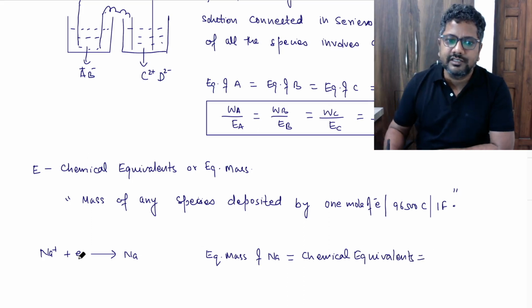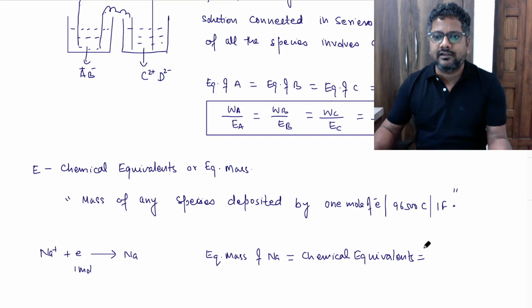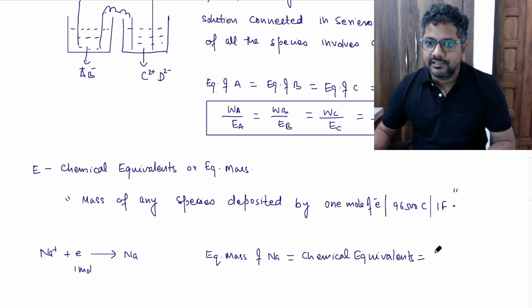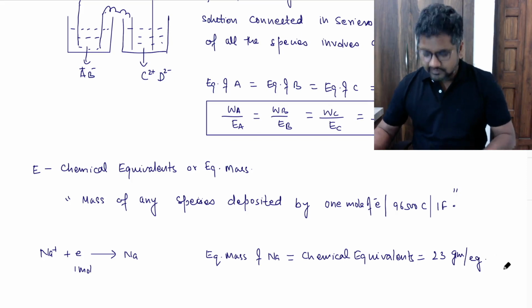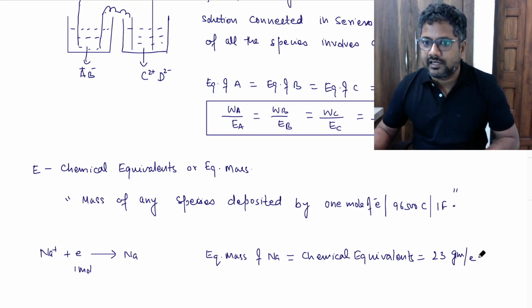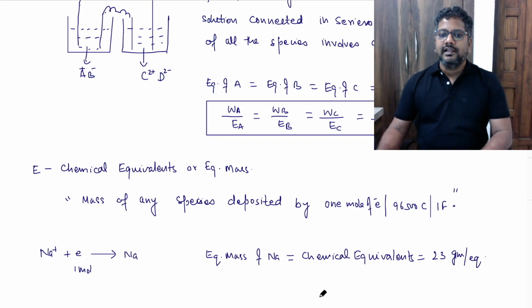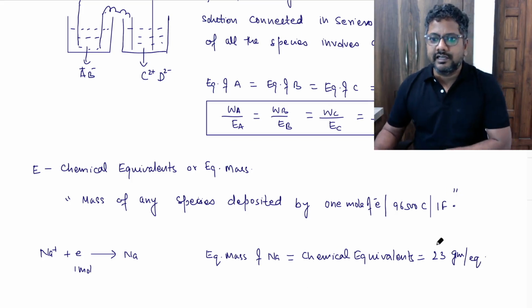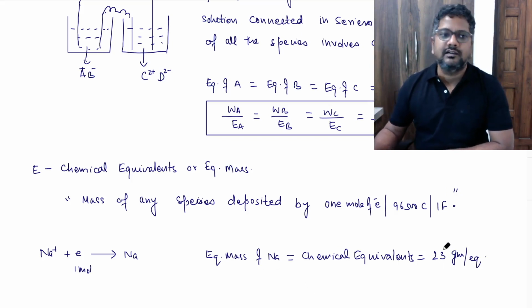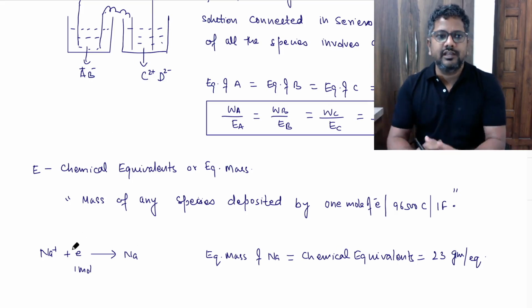See, this is 1 mole of electrons and this is 1 mole, so 1 mole of sodium is deposited by 1 mole of electrons. So this is equal to 23 grams per equivalent. This is the unit of equivalent mass, right? So this is equal to the atomic mass of sodium. So for monovalent, it is equal to the atomic mass.